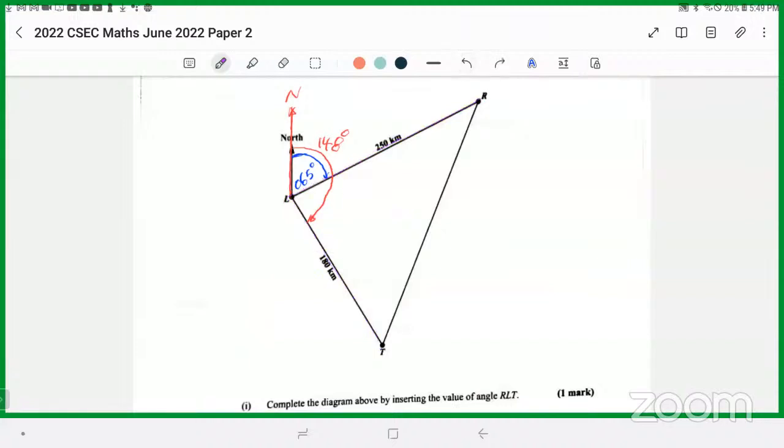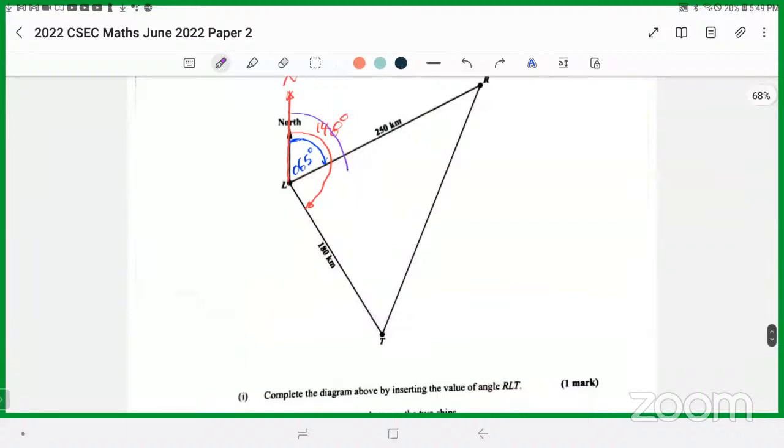So clearly now, if the whole angle up here is 148, and this piece is 065, then the angle inside there between these two that they want is the difference between 148 and the 65. So we can show the calculation up here: 148 degrees minus 65 degrees. Even though we put 065 for the bearing, the angle is still just 65.